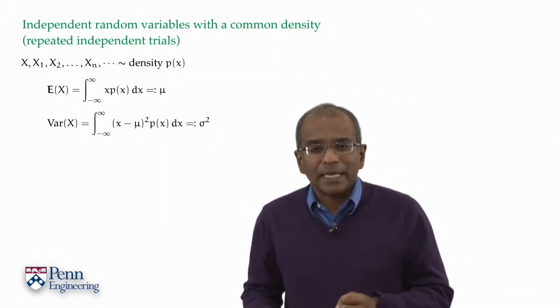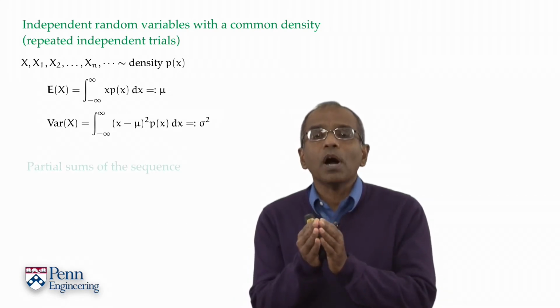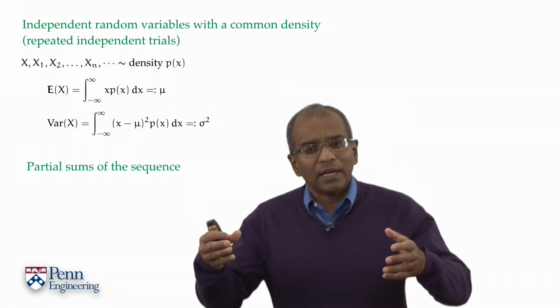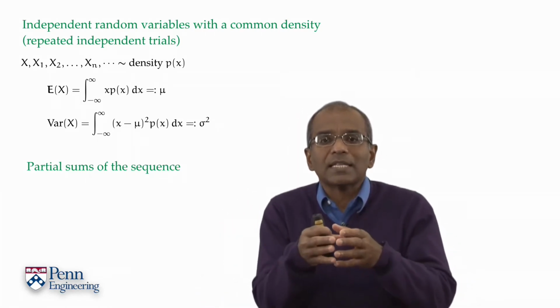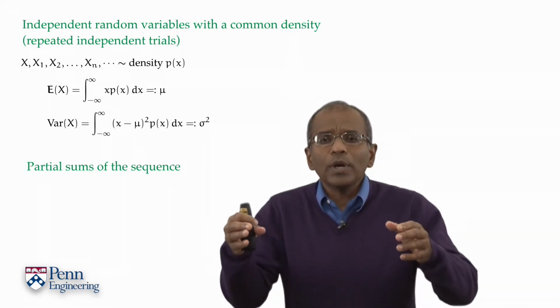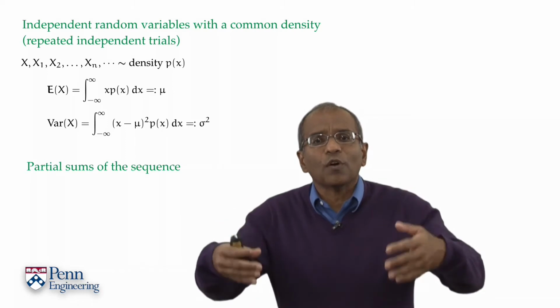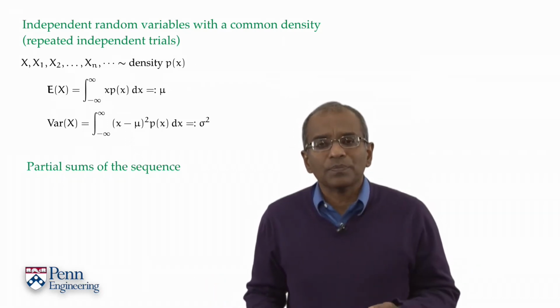Now, in this setting, what is going to be of interest to us is when we form partial sums of the sequence. The idea here is, instead of looking at a single chance experiment where we add a certain number of variables, we look at them in sequence. We look at an infinite collection of such chance experiments by looking at various partial sums.